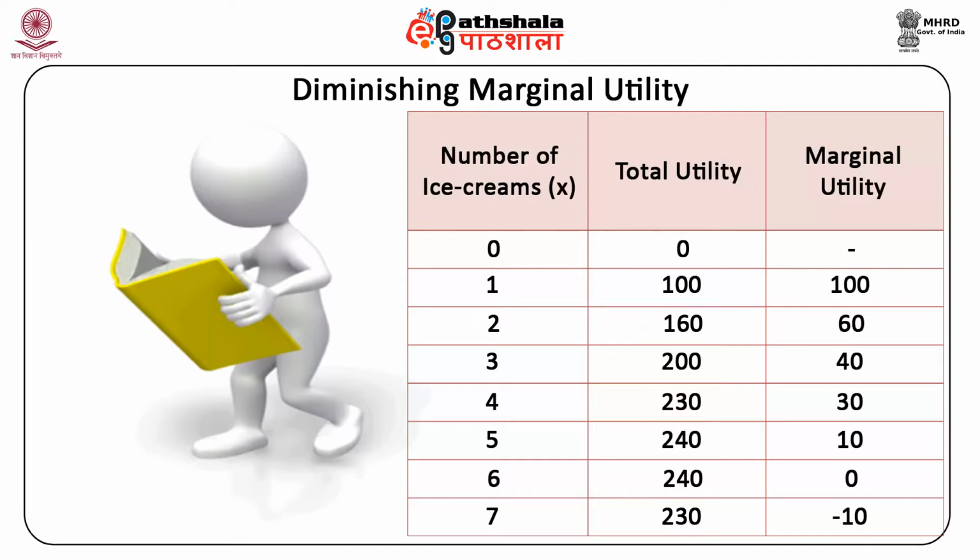Subsequently, the third and fourth glasses of water give even less satisfaction or utility as your thirst is already quenched. This demonstrates that the marginal utility derived from consuming water will diminish. The above phenomenon is called the law of diminishing marginal utility.